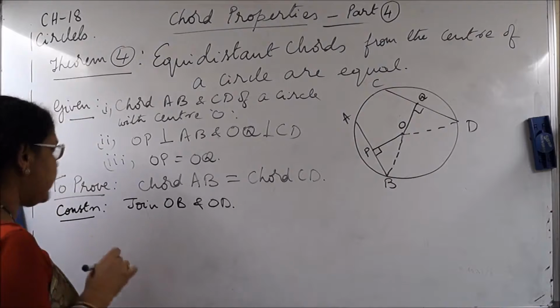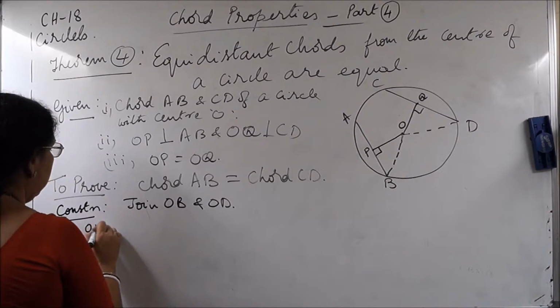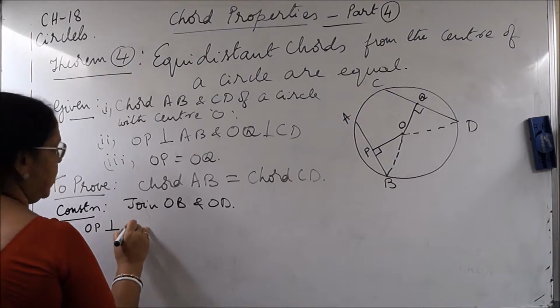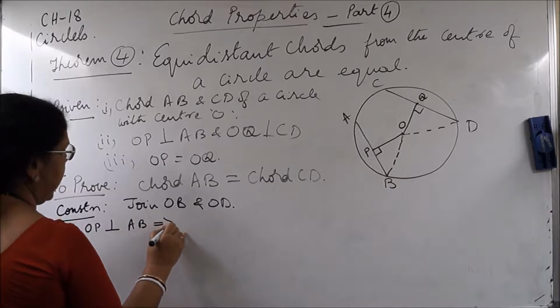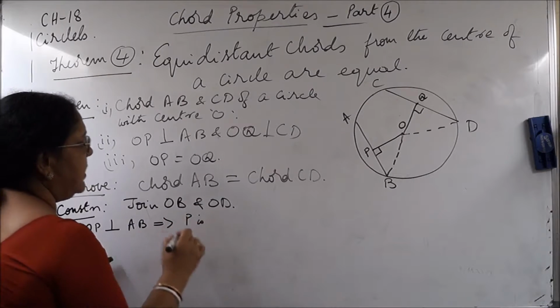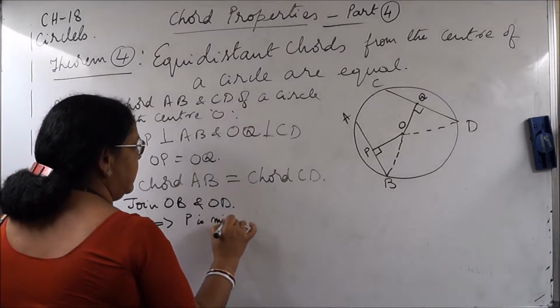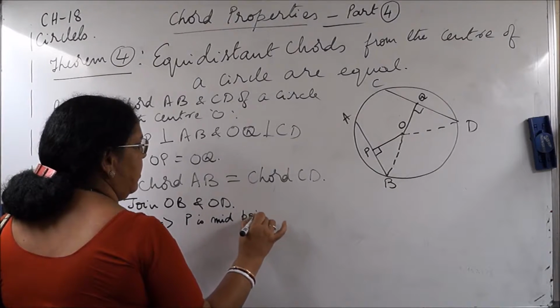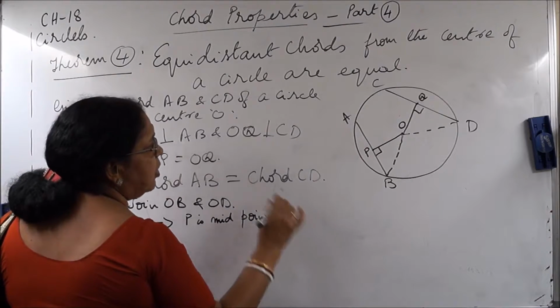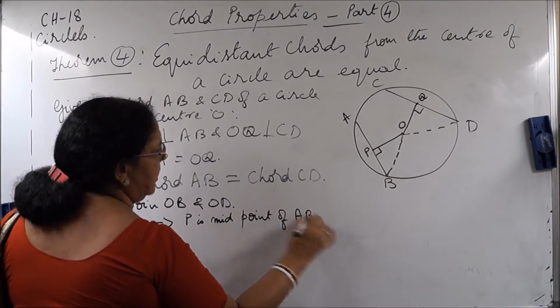So let us write it that OP is perpendicular to AB implies P is the midpoint of AB.